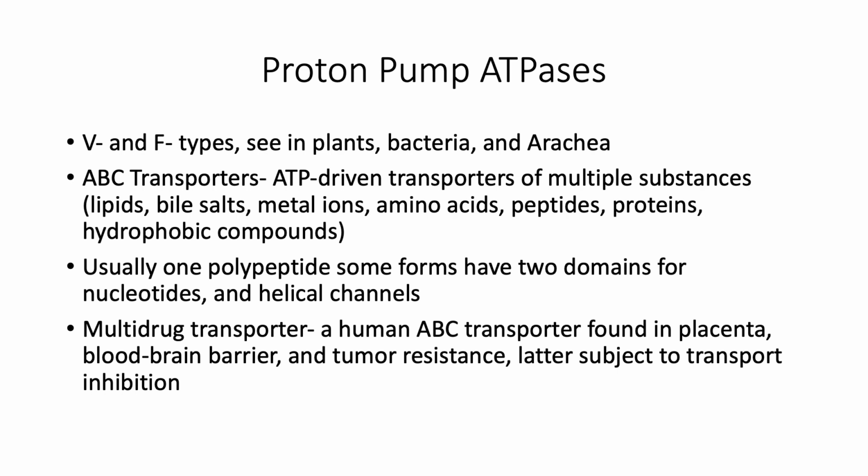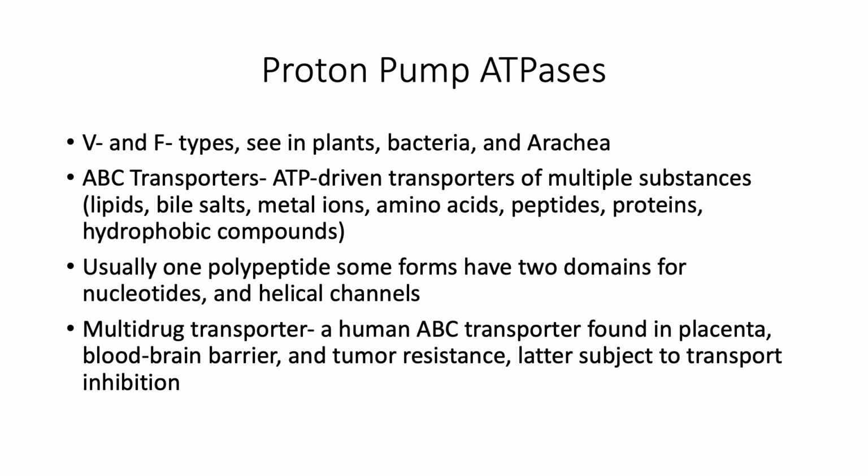ABC transporters, or ATP-driven transporters, move multiple substances with a wide variety: lipids, biosalts, metal ions, amino acids, peptides, proteins, hydrophobic compounds. Usually one polypeptide forms two domains for nucleotides and helical channels as part of that.